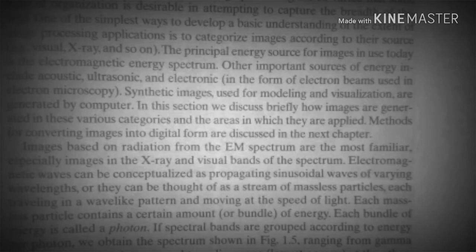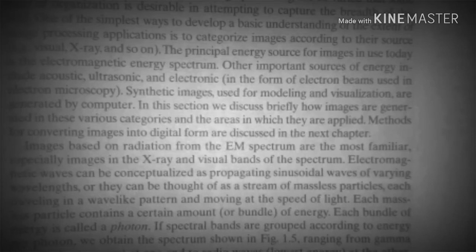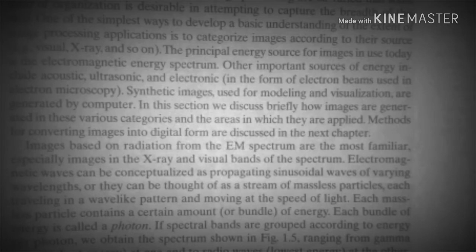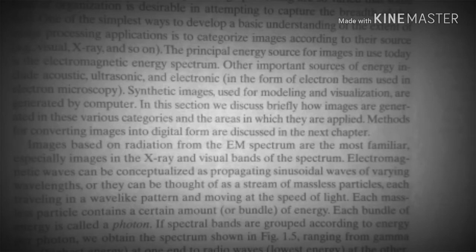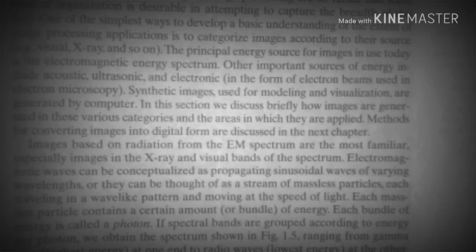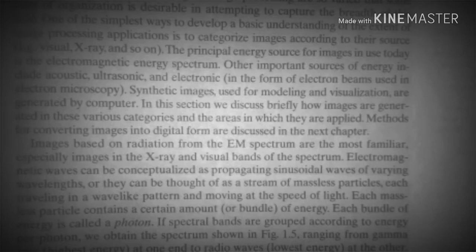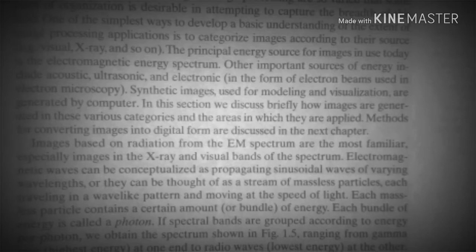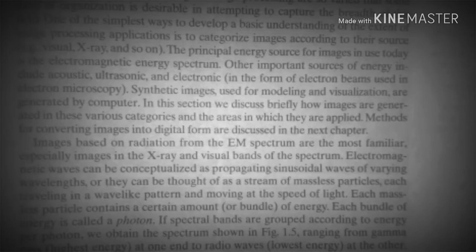Electromagnetic waves can be conceptualized as propagating sinusoidal waves of varying wavelength, or they can be thought of as a stream of massless particles, each traveling in a wave-like pattern and moving at the speed of light.